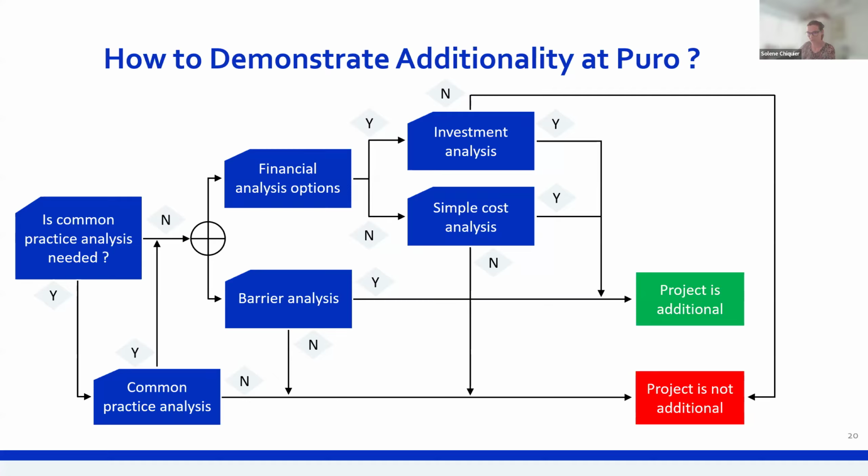Let's say that your technology is indeed very mature. That's when you have to do your common practice analysis. That is step 2. For that, you will check whether the market penetration rate is high or not. If it is high, then unfortunately your activity will be considered common practice and is therefore not additional. However, if that rate is low, then you can continue to the next steps to demonstrate financial additionality.